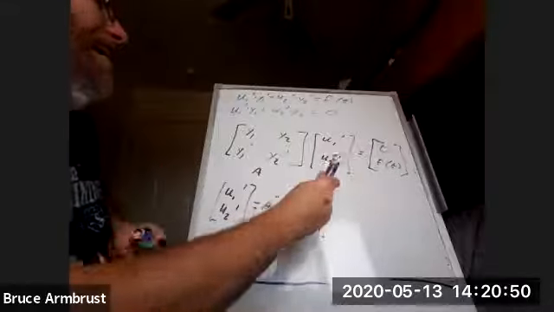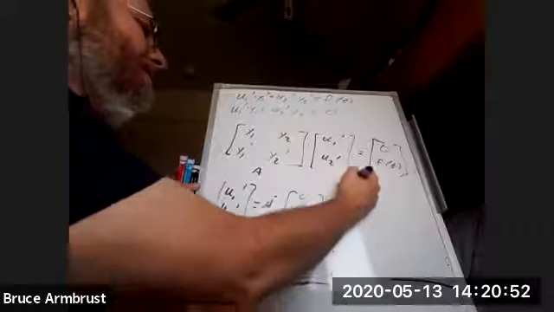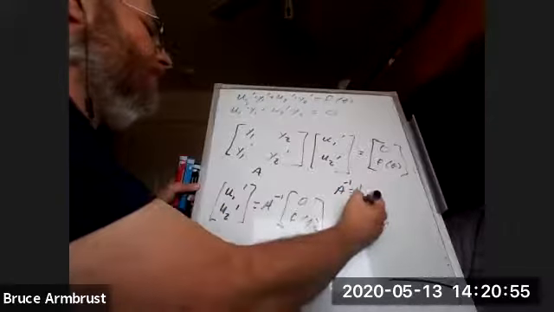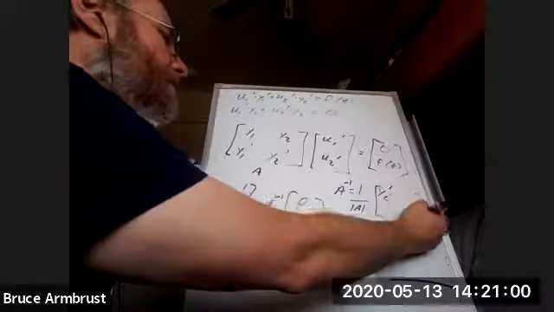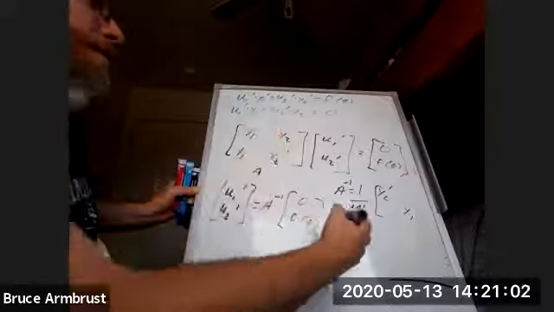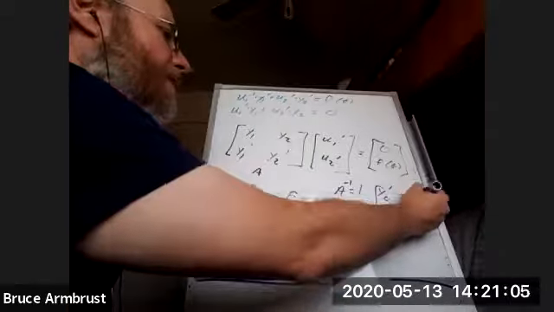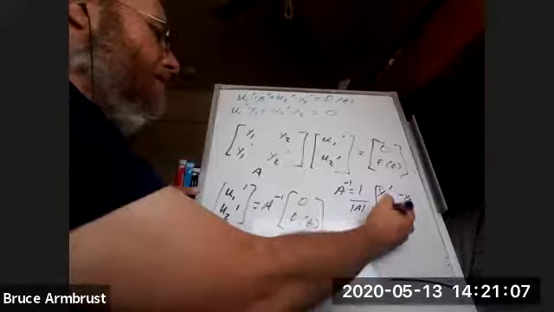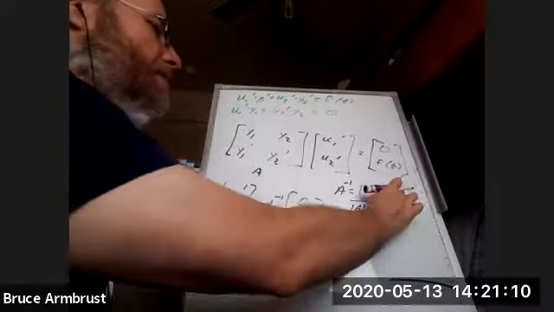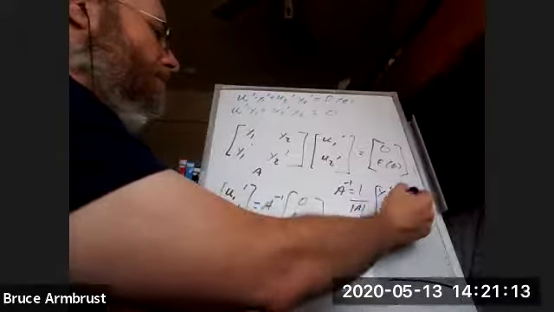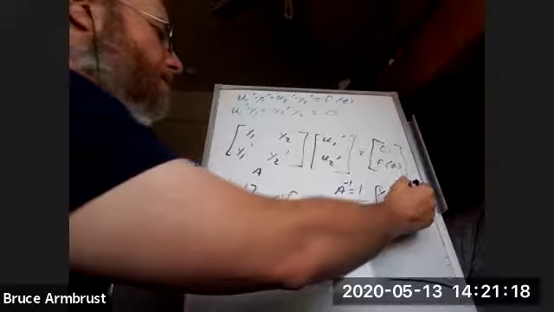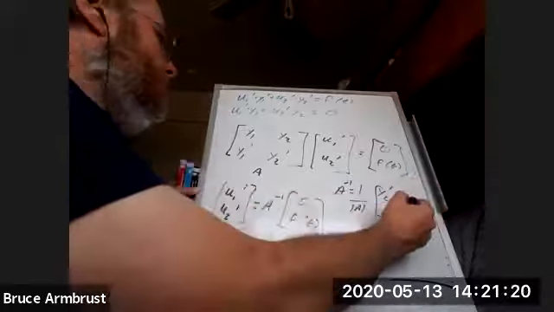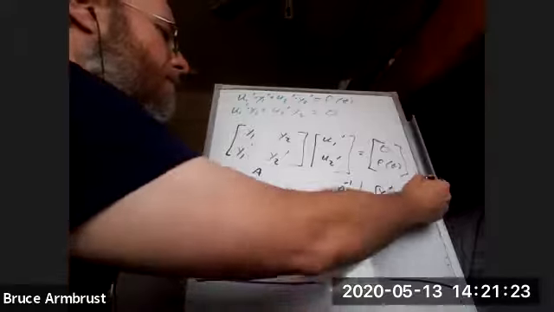So if this is A, then A inverse is going to be 1 over the determinant of A times, well, we swap the diagonal, and then we change the sign on the off diagonal. That minus y2 and minus y1 prime.